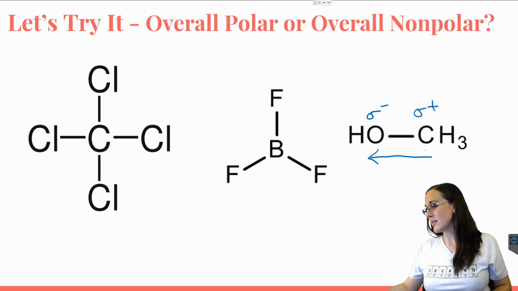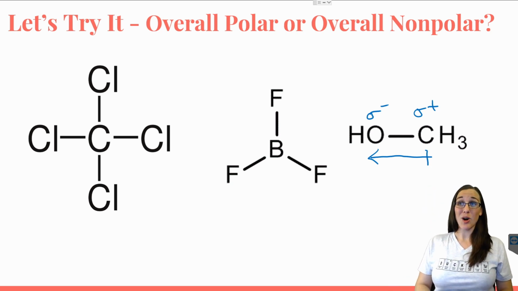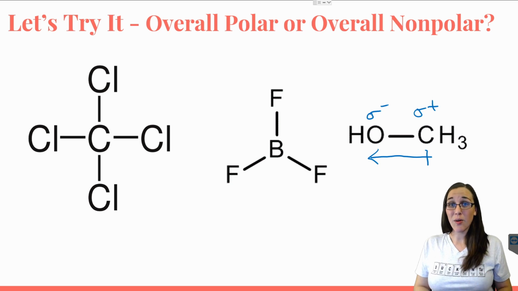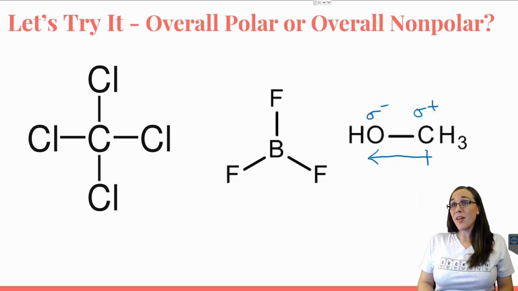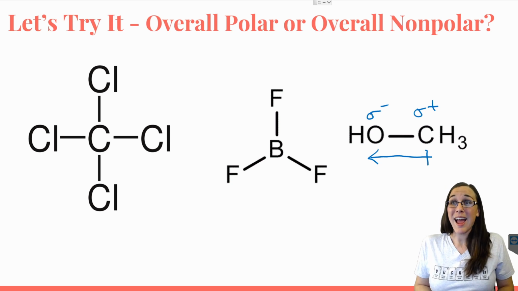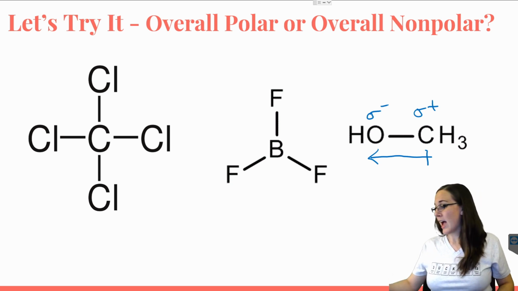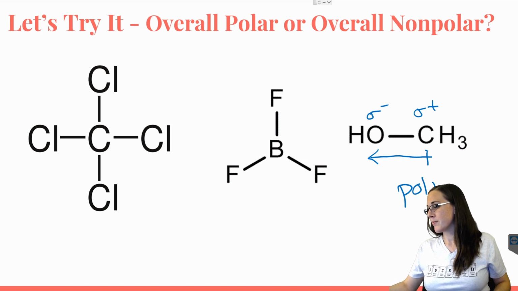We're going to put a plus on the butt right by the carbon. And then what we can see is that we have one singular dipole arrow in this molecule. There are no other dipole arrows to cancel this one out. So that means that overall, this molecule would have to be polar.